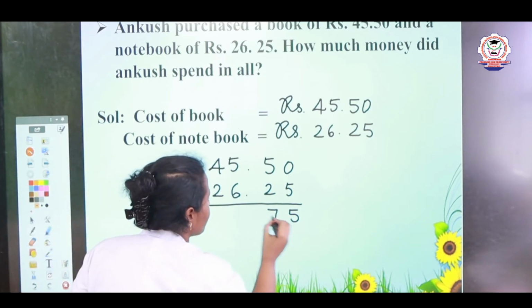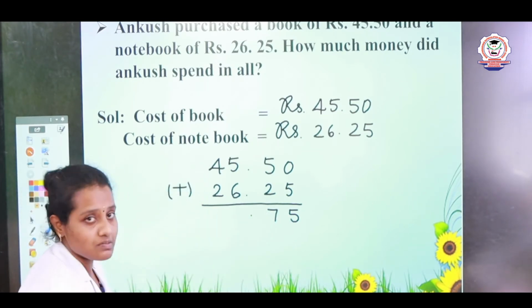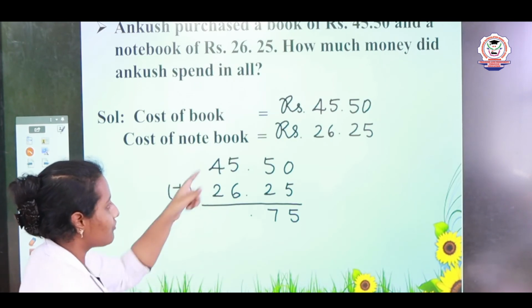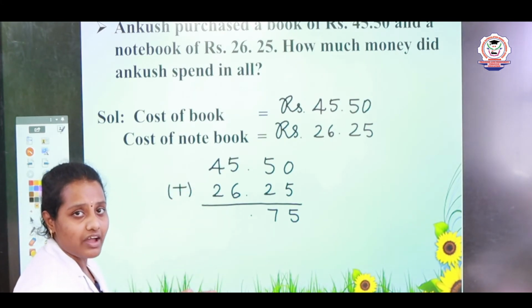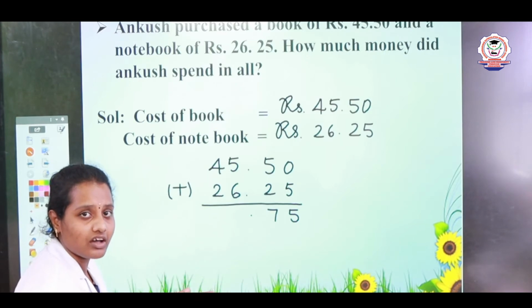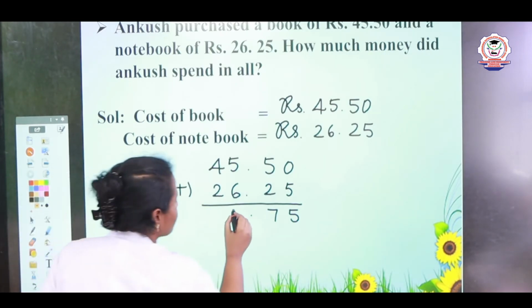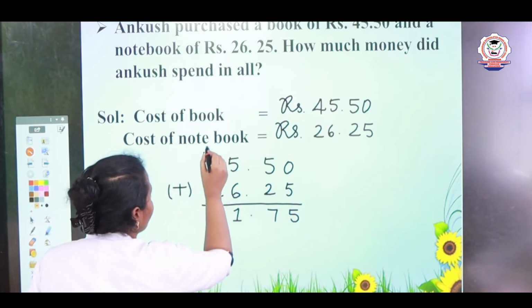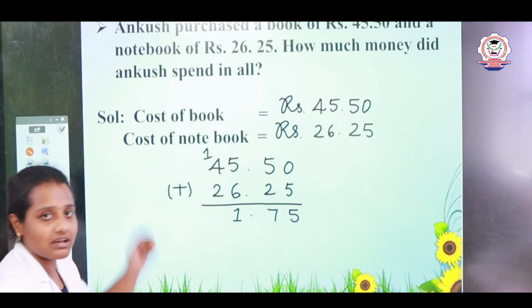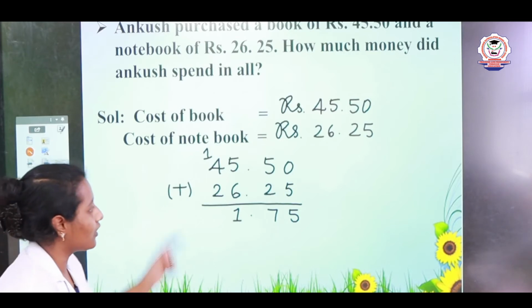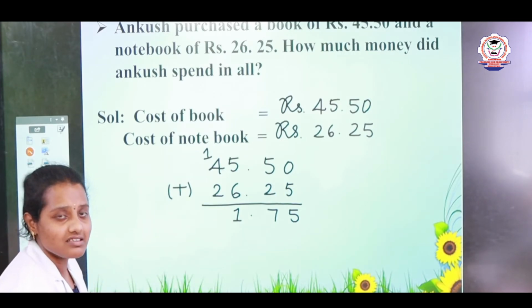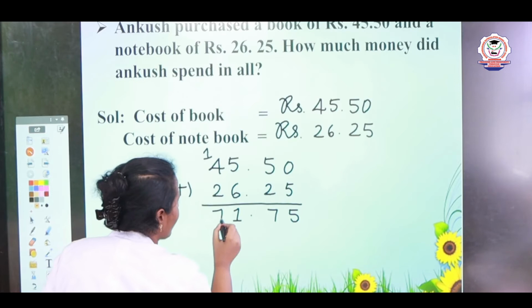So here it will be 7. You want to keep the decimal point in the same column. 5 plus 6. Yes, keep 6 in the fingers, 5 after 6, 7, 8, 9, 10, 11. So 1 will be down and you put the carry 1 up. 1 plus 4, 5. Very good. 5 plus 2, 6, 7. Very good. So we got the answer.